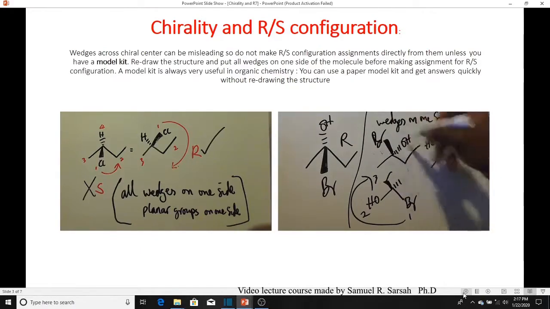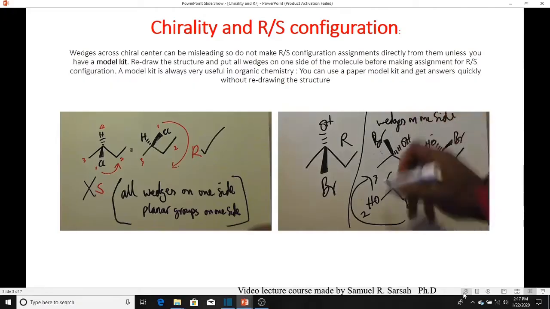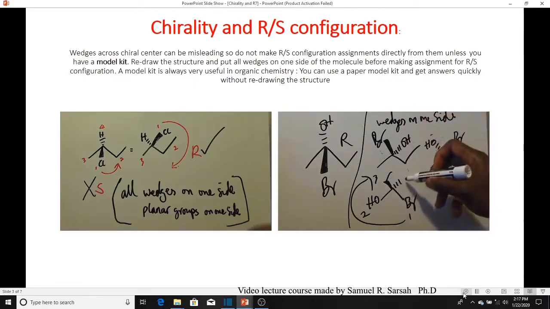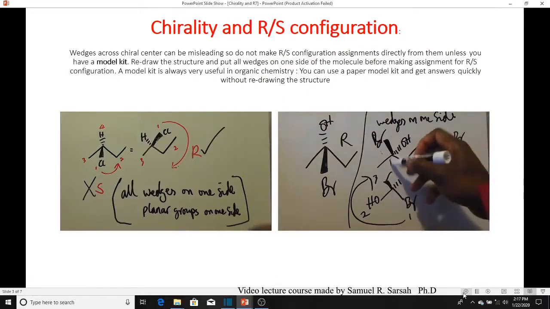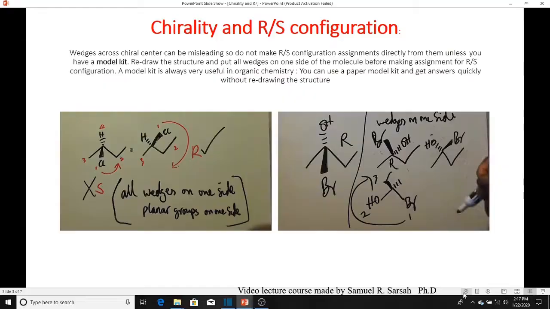And I'll get the structure. Then I'll rearrange to get the lowest priority going to the back, and then assign it, and I'll get the same answer. Even if the bromine is switched to the other side, it should still be pointing towards me, and the other one is pointing away from me.